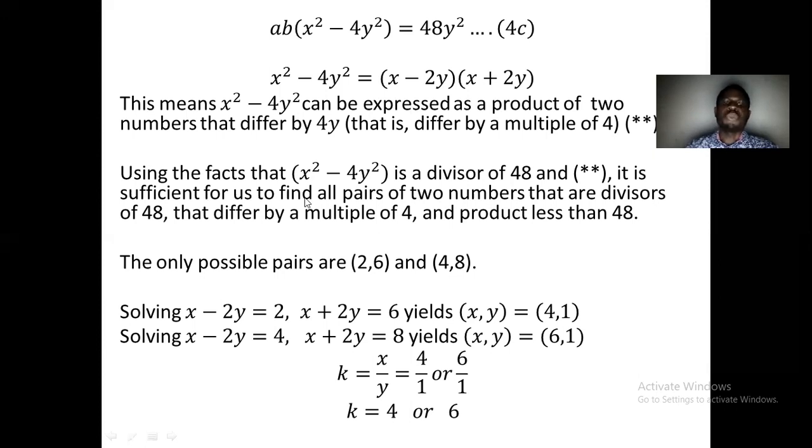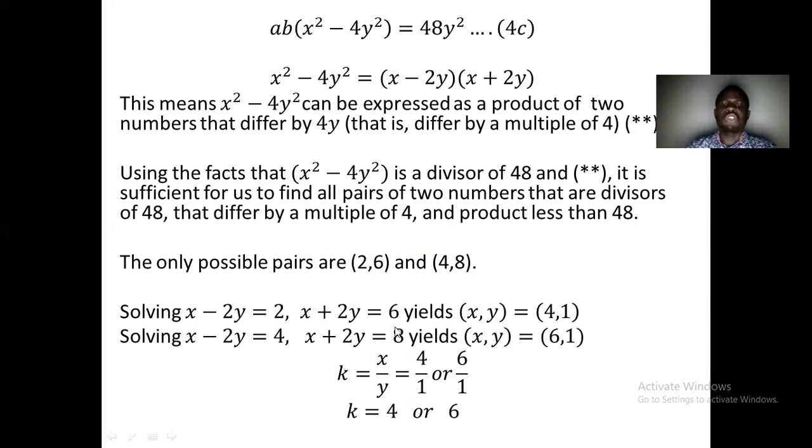There are only two possible pairs, and these pairs are 2, 6 and 4, 8. For 2, 6, of course, x minus 2y is less than x plus 2y, so the smaller number is x minus 2y, while the larger is x plus 2y. Solving x minus 2y equal to 2 and x plus 2y equal to 6 yields x equal to 4, y equal to 1.